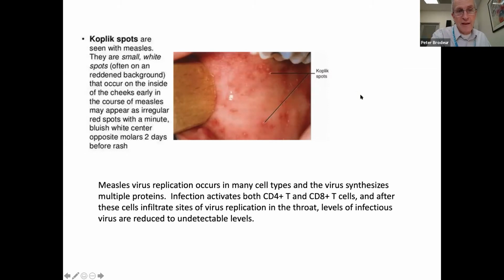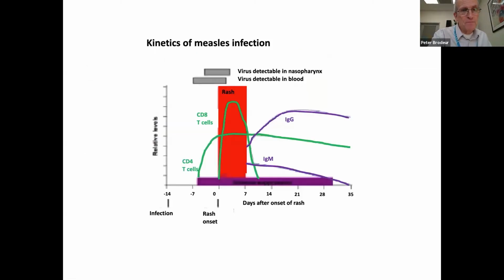So have the next slide. On this slide, we could spend a lot of time on it, we won't, but the take-home message is that after infection with measles, there's a good amount of time while the virus replicates and the adaptive immune response takes off, but has to have some days to form. And you see the first thing that happens in the adaptive immune response is an increase in CD4 T cells.